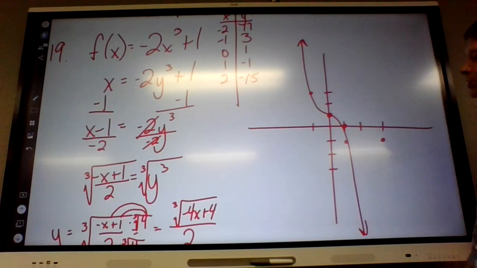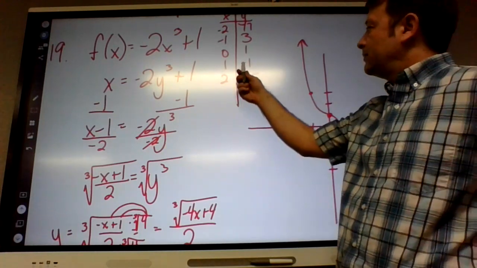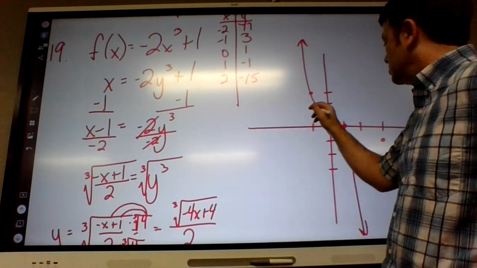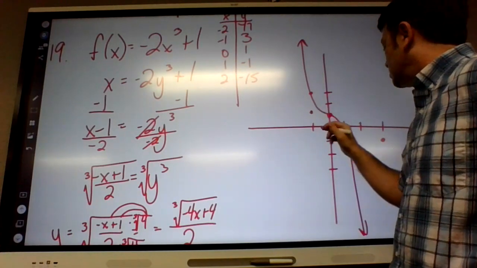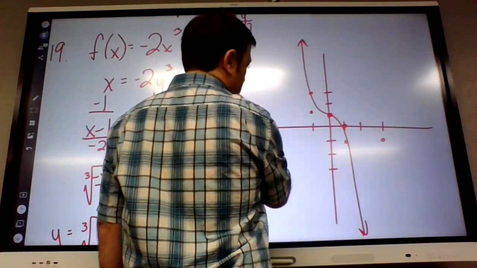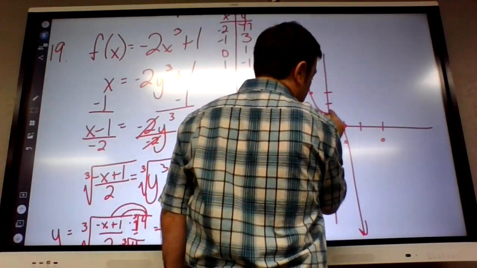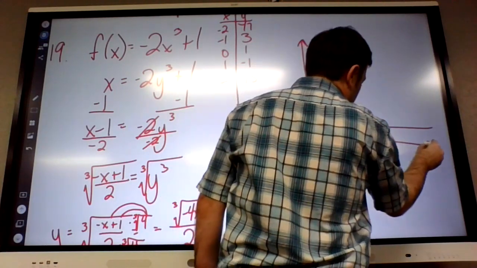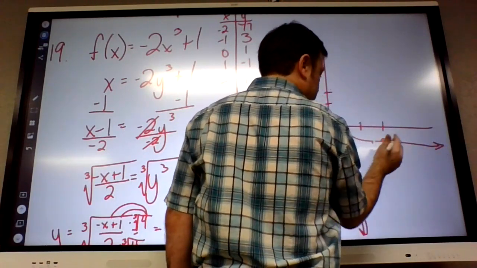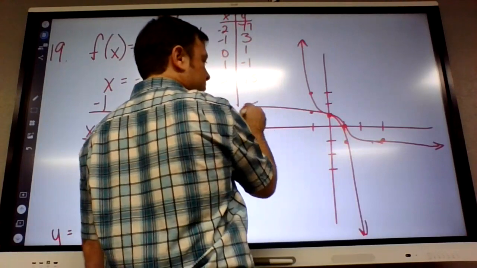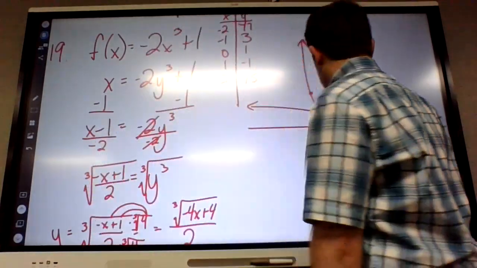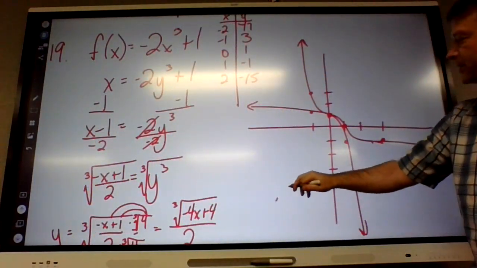And instead of 1, negative 1, the inverse should have negative 1, 1. Okay, let's see if I can do this maybe. Again, it should be a reflection.